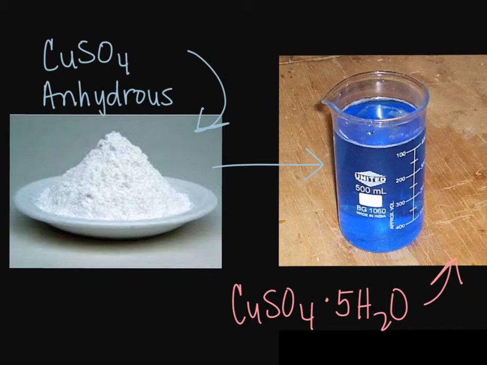How can I get the water to leave the structure? Well, I could heat it, right? If I heat it up, the water will evaporate, and then it'll turn back into this white powder. Now what could I do if I want to turn it back into the blue solution? Add water. Remember the water molecules that are being added here are held on by very weak attractive forces. So it's very easy for the water molecules to leave the structure and then to also come back into the structure.